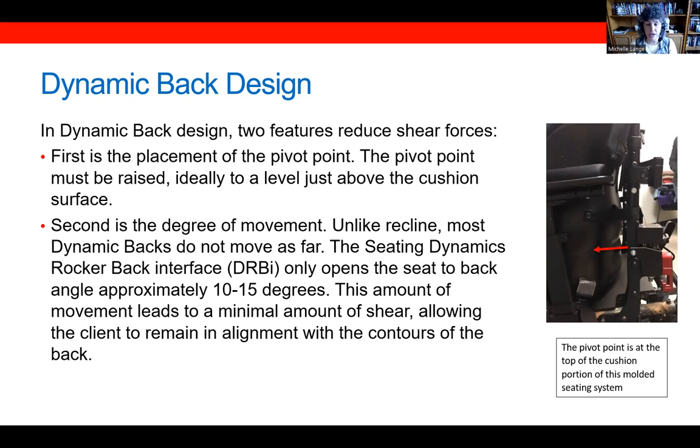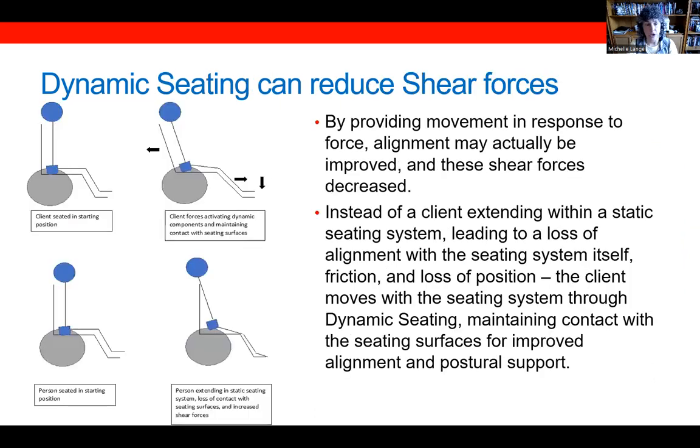So this minimizes the amount of shear, allows the client to remain in alignment with the contours of their back, even a custom molded back, and still benefit from the use of a dynamic back for movement.